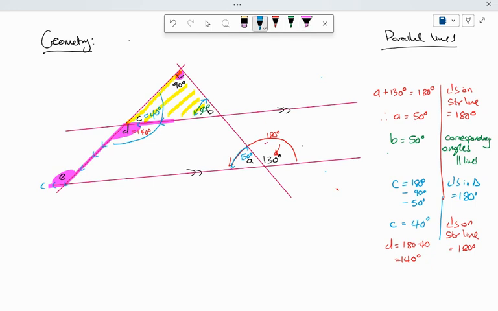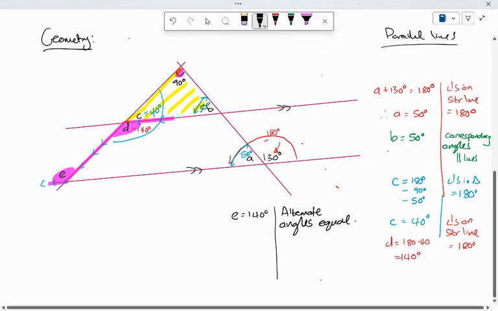Using alternate angles, my final part for this is going to be E is equal to 140 degrees. And the reason is because of alternate angles, which are equal. All right, and we'll stop there.